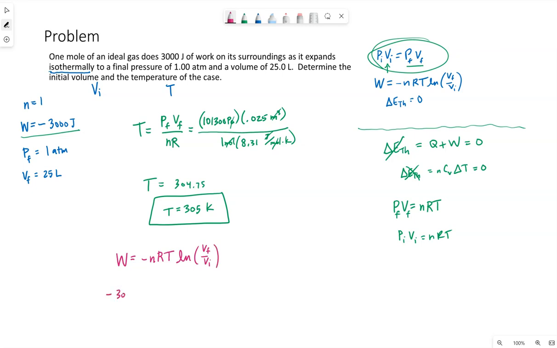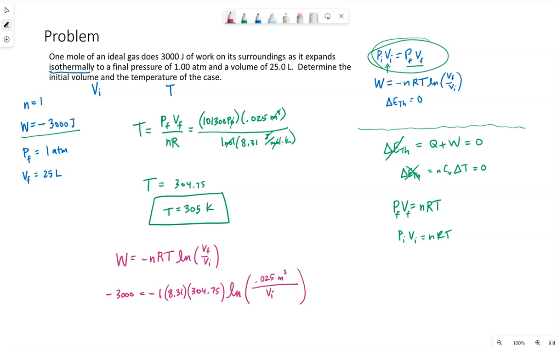So negative 3,000 is, n is 1, R is 8.31, and temperature. I'm going to keep a less rounded number in this calculation just to cut down rounding errors. Then V final, 0.025 meters cubed over V initial.